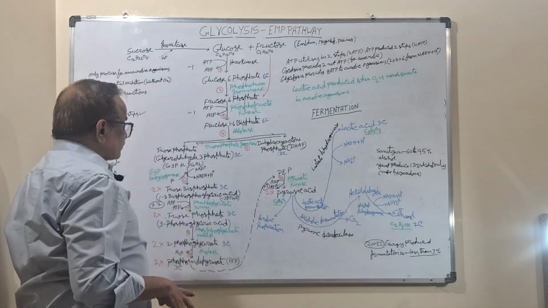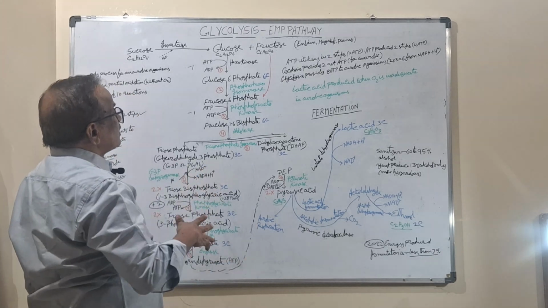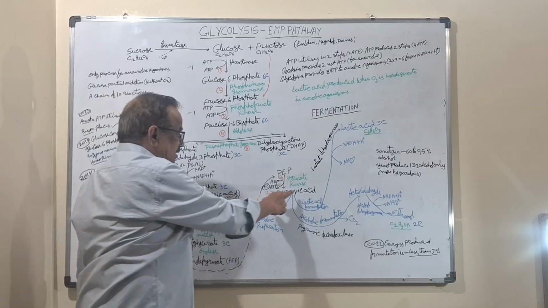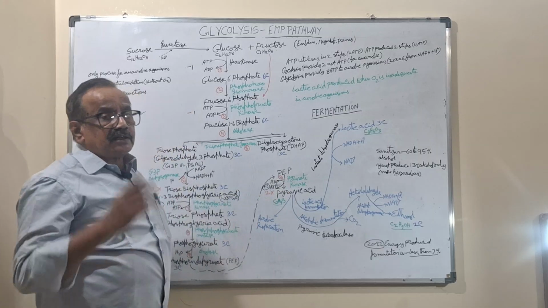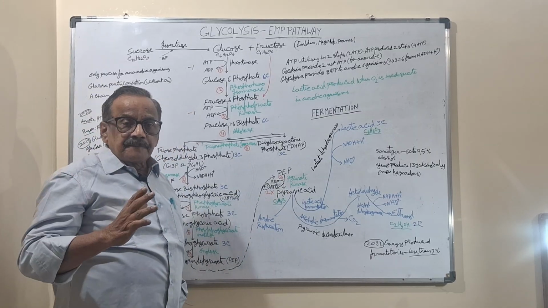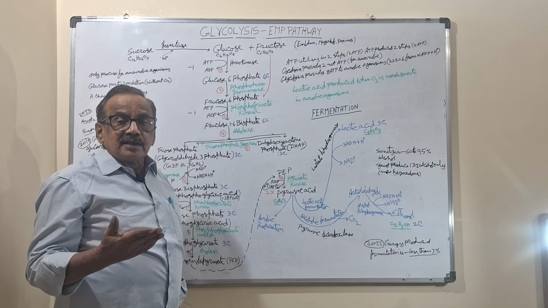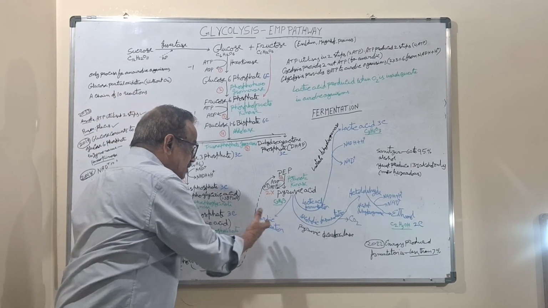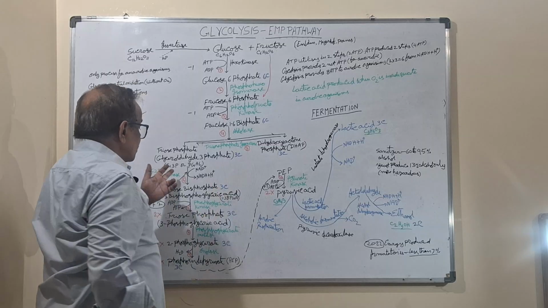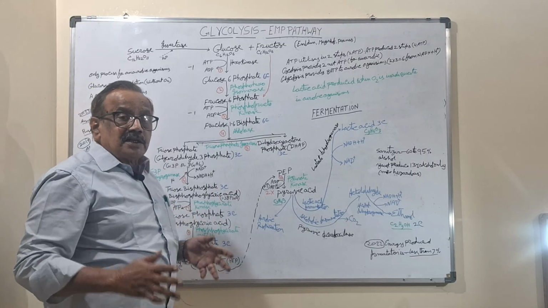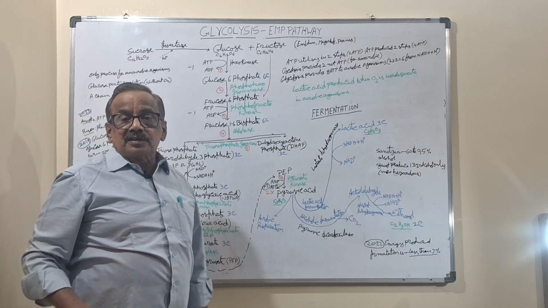And next, in this way, whenever we are discussing, now pyruvic acid came out. Pyruvic acid has 3 carbons, which means partially oxidized. How many oxidations? Only 1 oxidation. Still 3 carbons are present in the pyruvic acid.